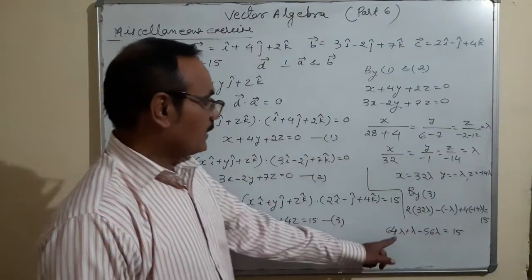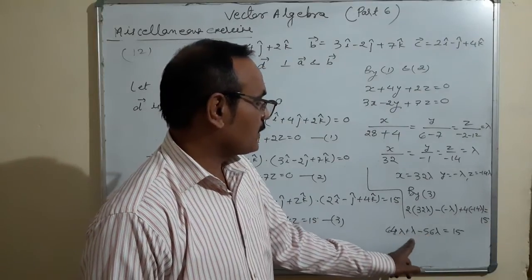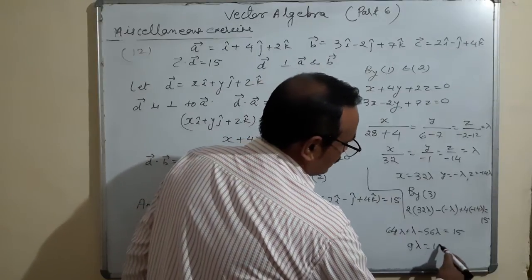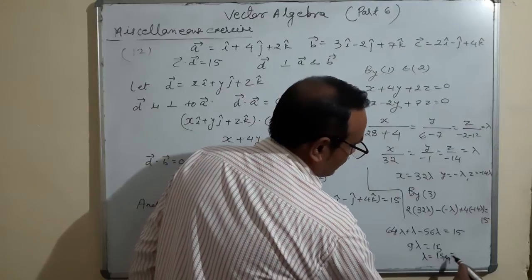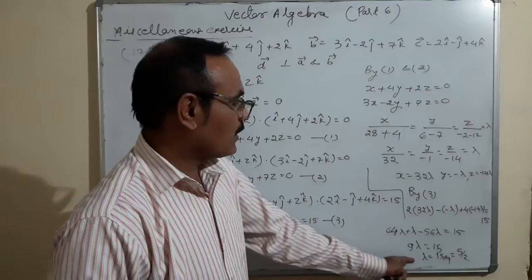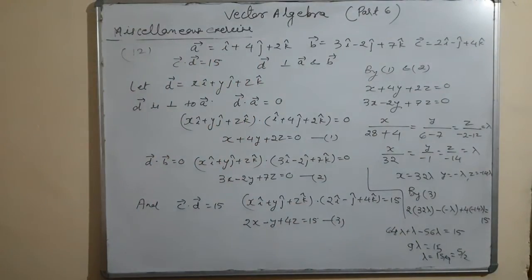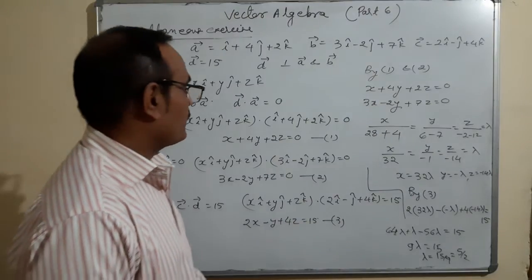Okay, so that means 64 plus 1 is 65, 65 minus 56, it is 9 lambda is equal to 15. Therefore lambda is equal to 15 upon 9, which is 5 upon 3. So the value of lambda is equal to 5 upon 3.